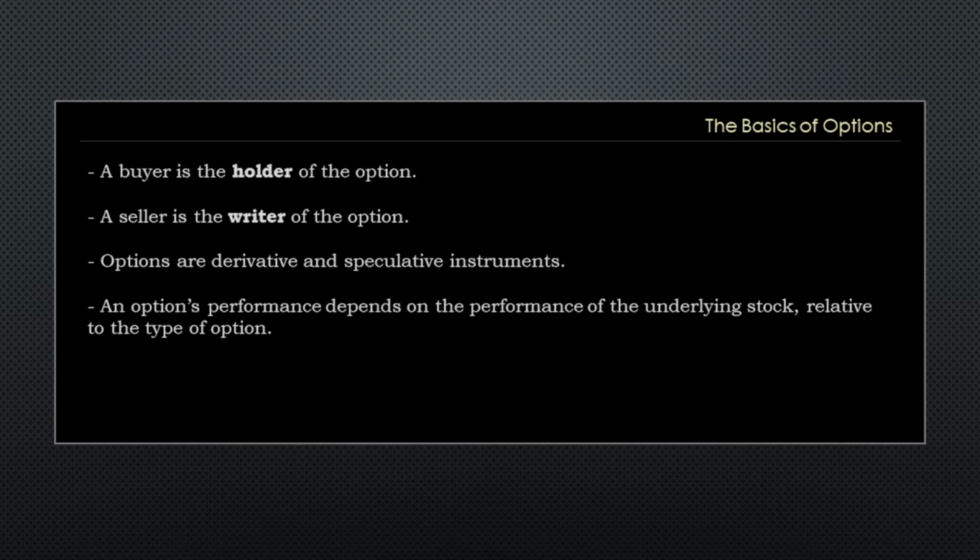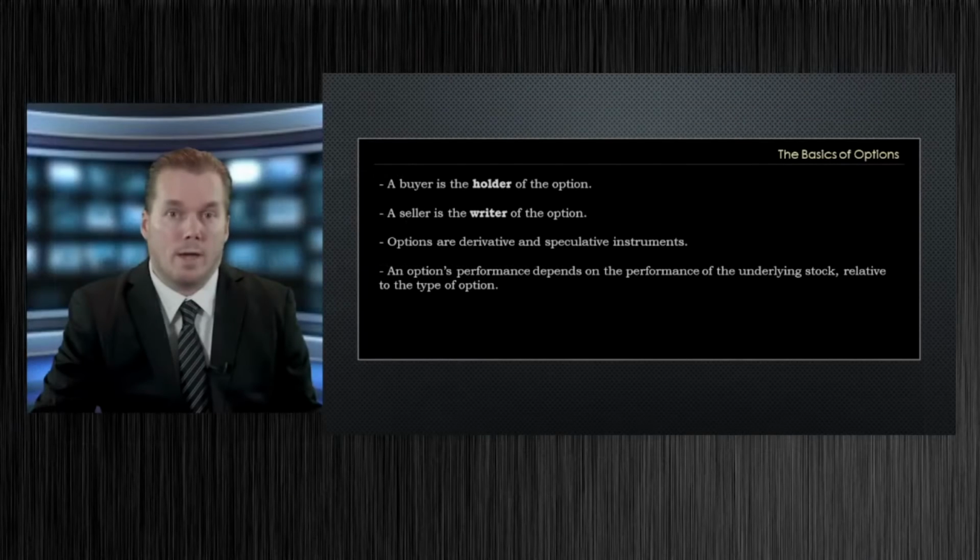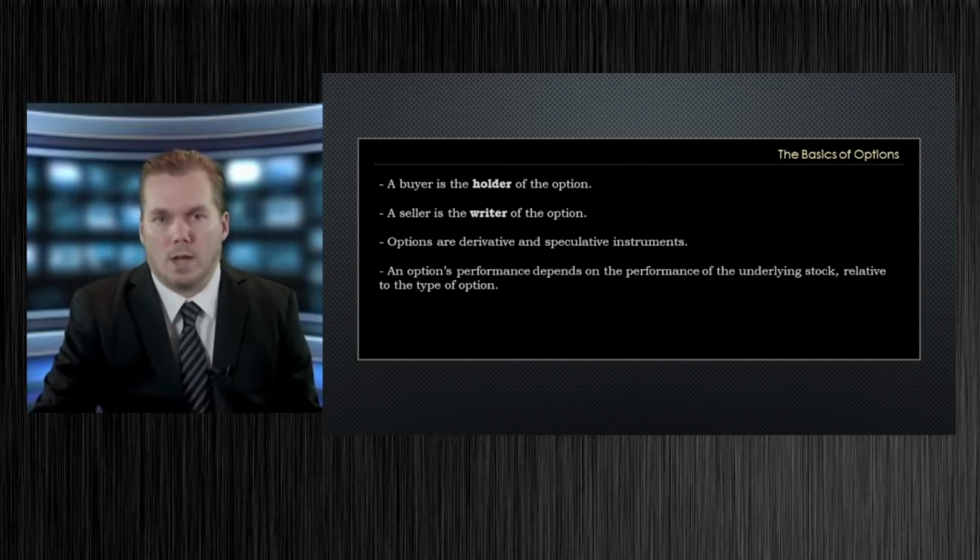This is similar to the insurance business, where there's the writer of an insurance policy and the holder of an insurance policy. In fact, options are like insurance on a stock. They provide protection in the event of a significant change in the price of the underlying stock. I'll expand on that a little bit more in a moment.